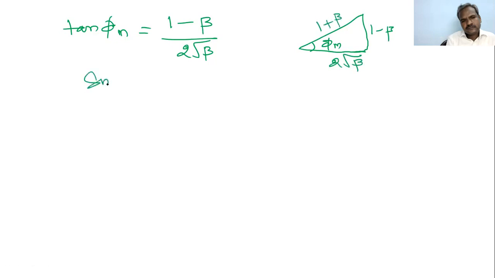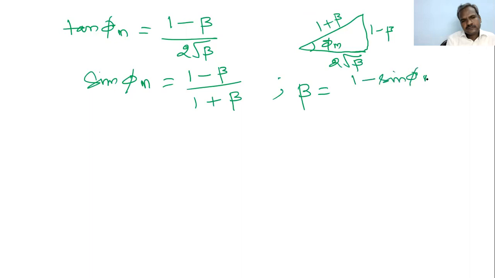So sine of phi m equal to 1 minus beta divided by 1 plus beta. So what is beta from this? Beta we can easily say is 1 minus sine phi m divided by 1 plus sine phi m. Understand? So this is the value of beta for the lag compensator.